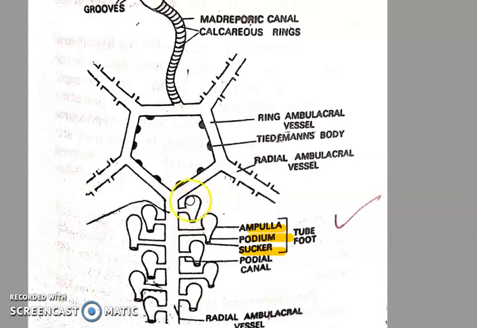This podial canal leads into the tube feet. There are three parts of the tube feet. The upper swollen part is known as the ampulla, the ampulla leads into the podium, and the podium leads into the down part, the sucker. So this is the tube foot.